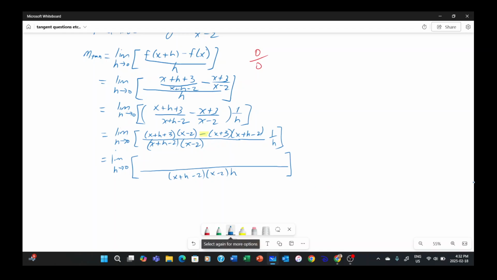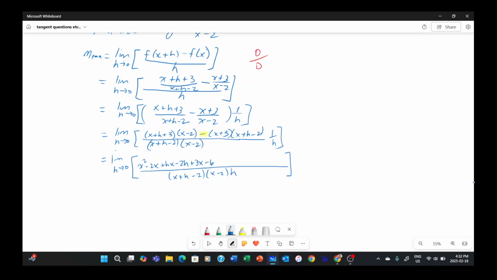Okay, so what we're going to get is x times x, which is x squared, and then x times -2, which is -2x, then h times x, and then h times -2, and then 3 times x, and then 3 times -2, so -6.